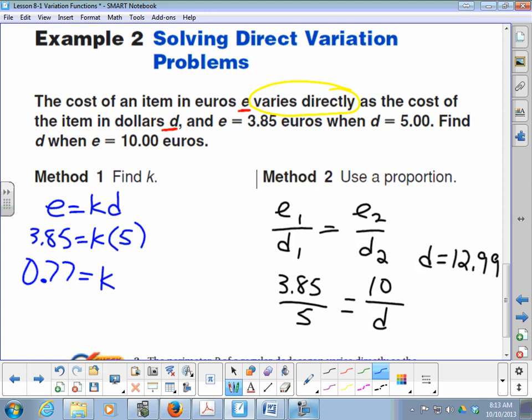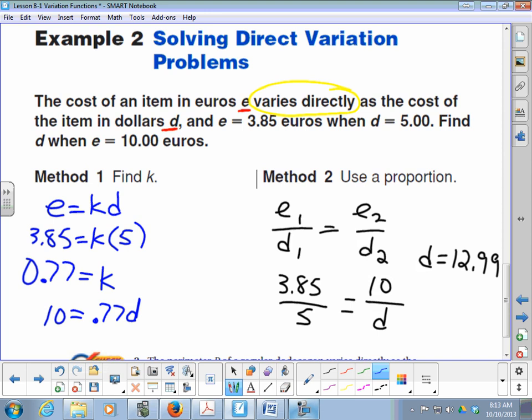All right. So we could have found that the constant of variation in this case was 0.77 and then use that with it. So then it said the euros was 10, constant of variation 0.77 times D. Where scenario 1 gives me K, scenario 2 then I can use that to find the value of D, which better be 12.99, right?